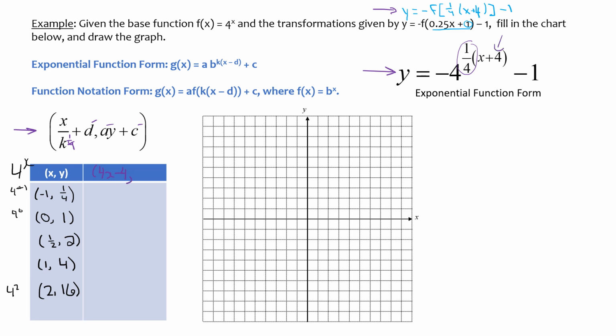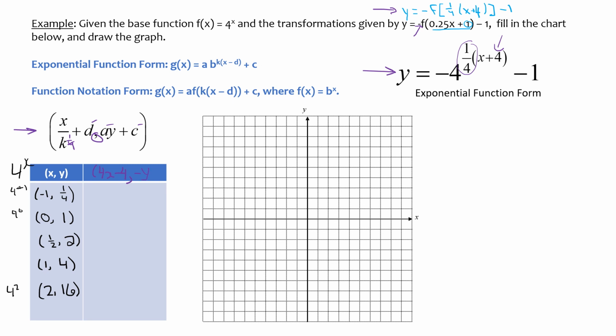Okay, so that's the first part of my coordinate equation. Now I have a comma because it's a coordinate. The first part here is going to be my x. The second part is going to give me my new y values. A times y. Well, my a value sitting right in front here, I can see my a value is a negative. I have no number there, so I'm just going to write negative y plus c.